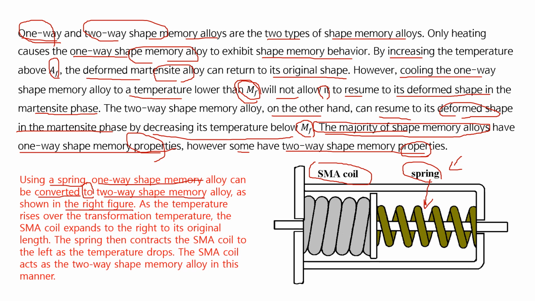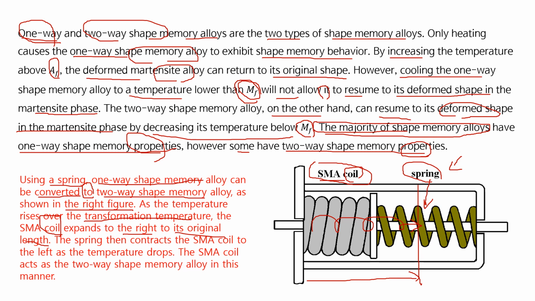As the temperature rises over the transformation temperature, the shape memory alloy coil extends to the right to its original length. So the original length is the extended coil, this much, for example. So this length is the original length of the shape memory alloy coil.